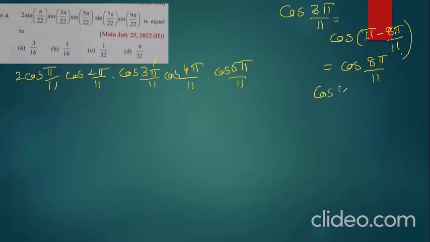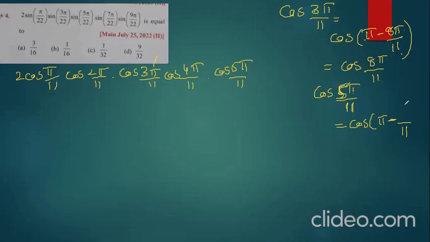In the same manner, cos 5 pi by 11 also can be written as cos of pi minus something. Okay. Now, what do we get? Let me write that. No doubt 11 is the denominator, right? I have to get cos 5 pi.